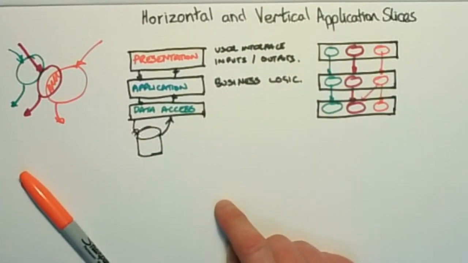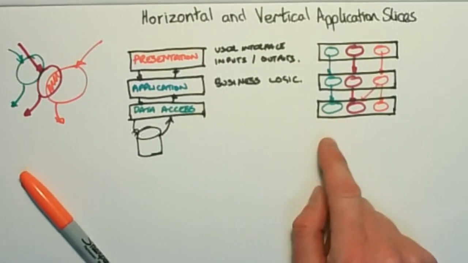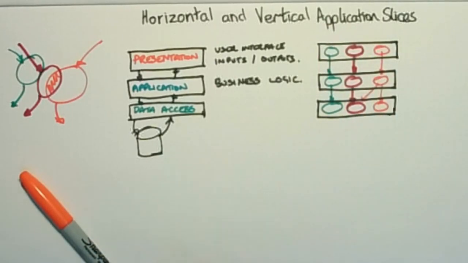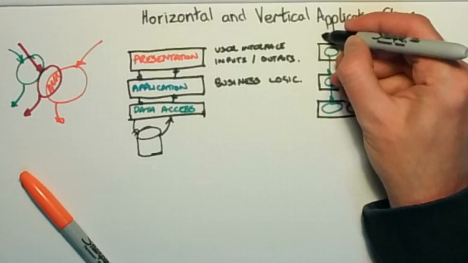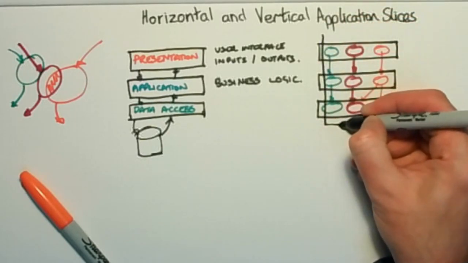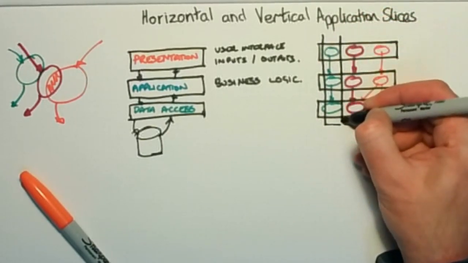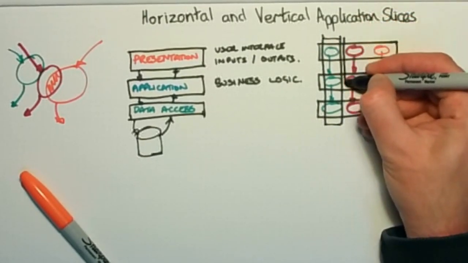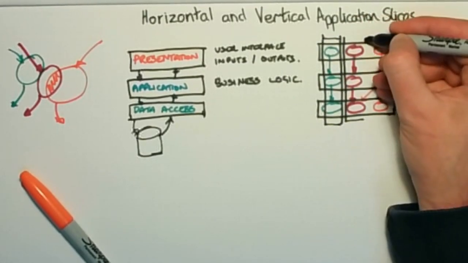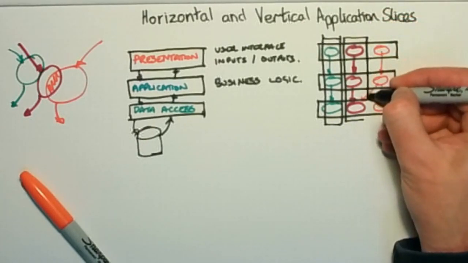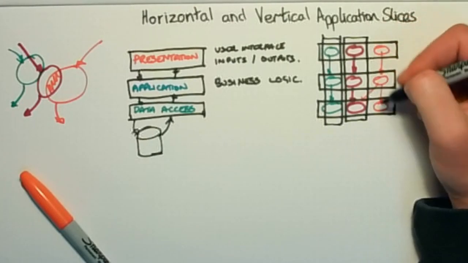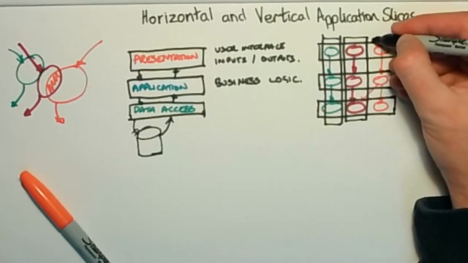Now, vertical application slices. These are your vertical application slices. These bits here within your application, where a component talks down through the layers with a bit of display and input, a bit of logic, and then a bit of data access.